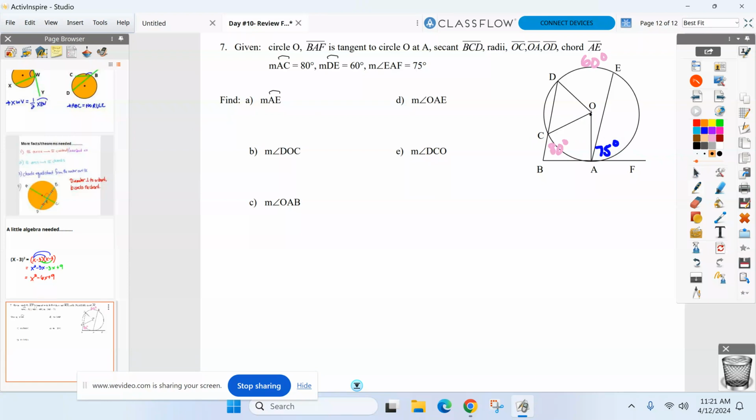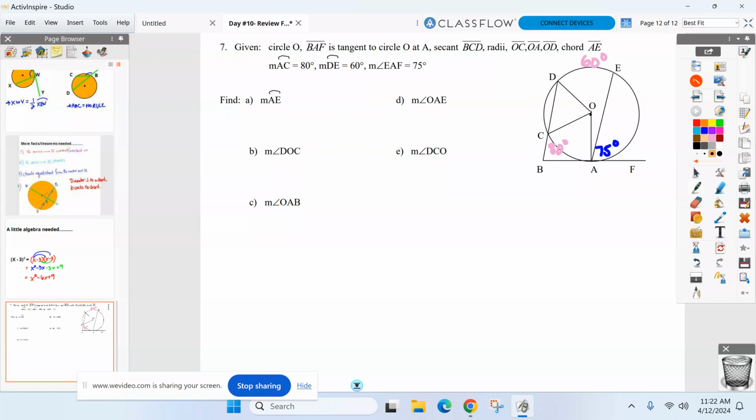Everyone's got them labeled or getting them labeled? For some of you looking at A through E, I don't know what you're doing. Stop. We don't start there. King size circle problems, we start by finding all the arcs first. There have been times where we couldn't find every single arc, but most of the time we can. And this one we can.